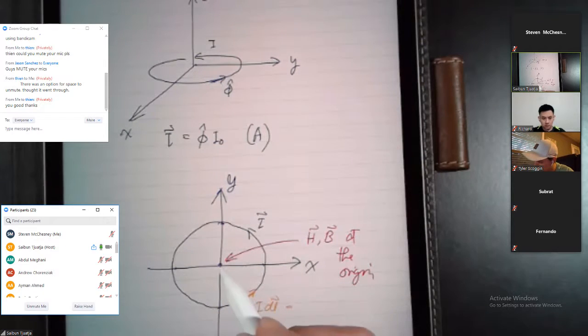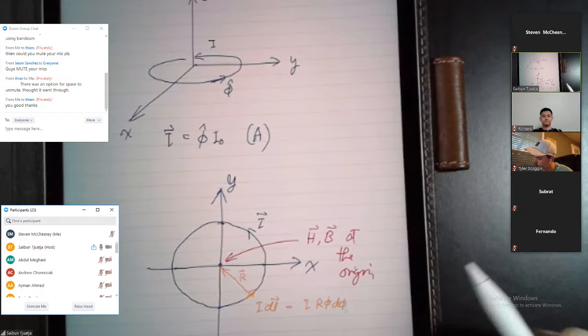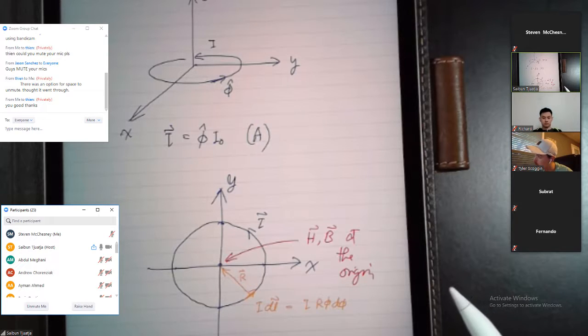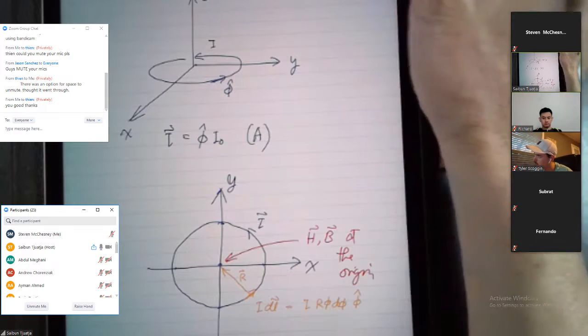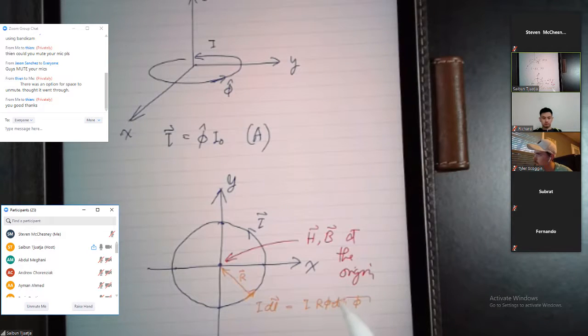Here's my r, and I know the length. So dl is nothing but... I'm moving too fast.